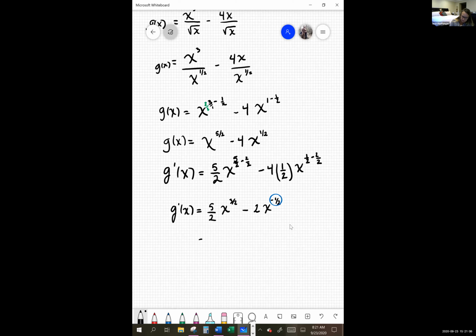And so this is equal to 5/2 x to the 3/2 minus 2 all over x to the 1/2. But again, that was a radical, that was a square root. So we have 5/2 x to the 3/2 minus 2 over the square root of x.